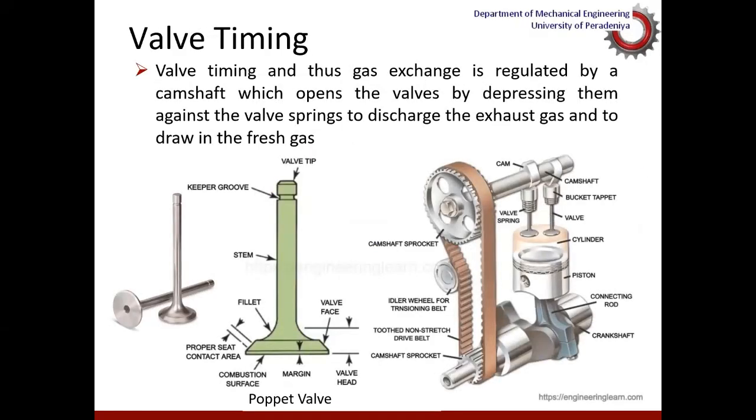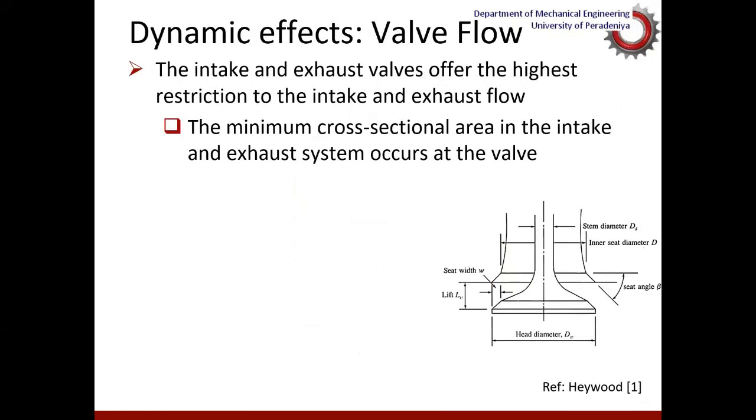You all know that the gas exchange process of an internal combustion engine is regulated by the valve timing, which is controlled by a mechanical cam. And the valve opening is not instantaneous, so it slowly opens and closes.